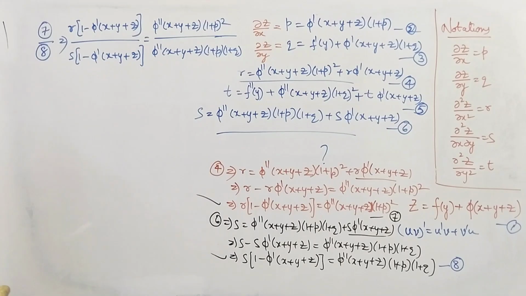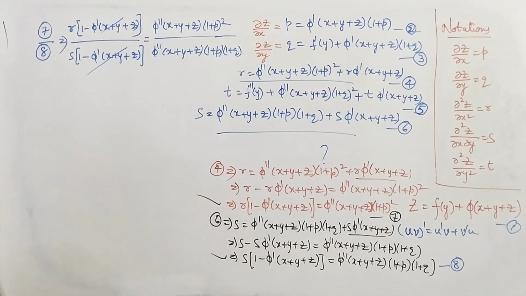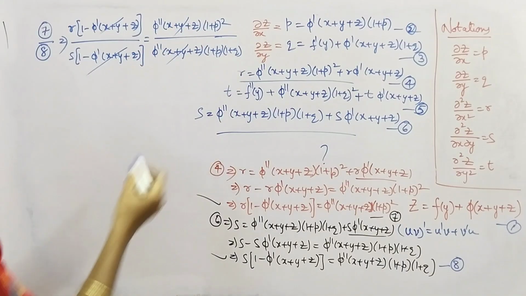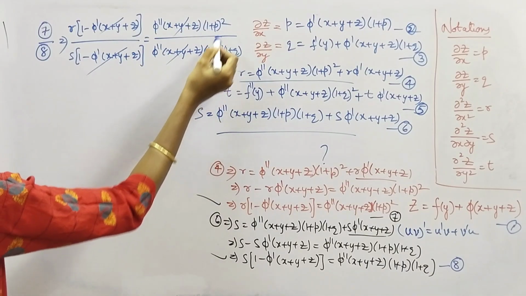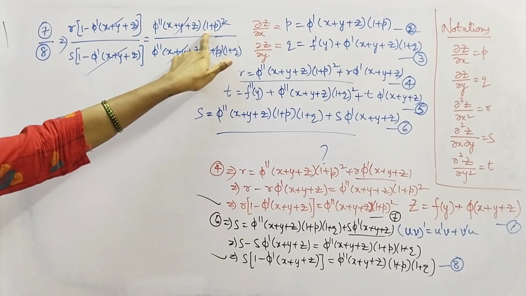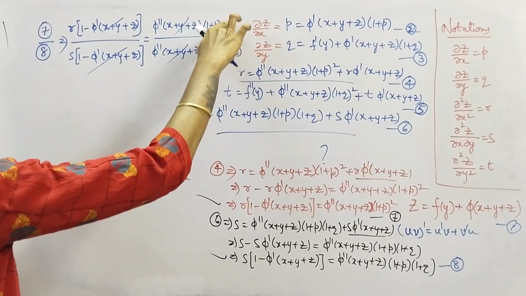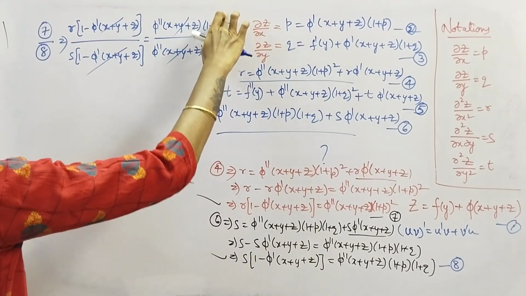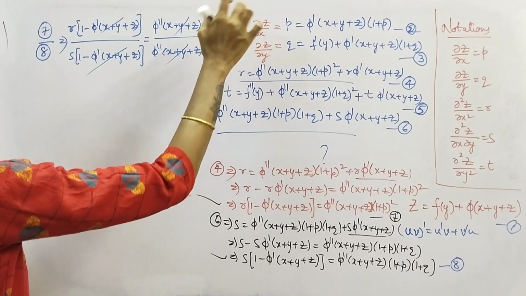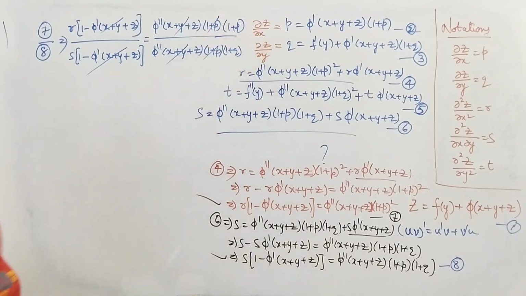So here you can cancel 1 minus phi dash and phi double dash. You can write 1 plus p whole square as 1 plus p into 1 plus p, where 1 plus p gets cancelled from the numerator and denominator as well.